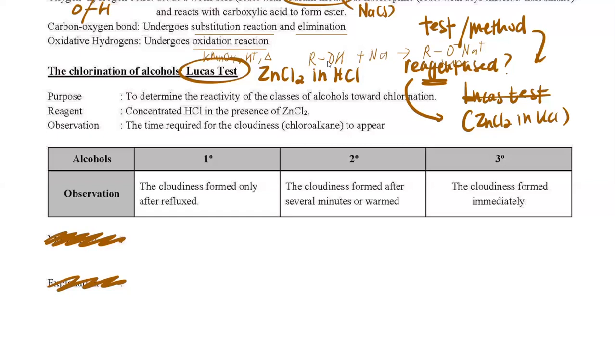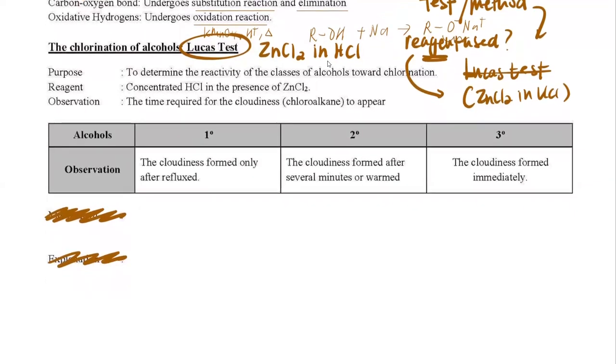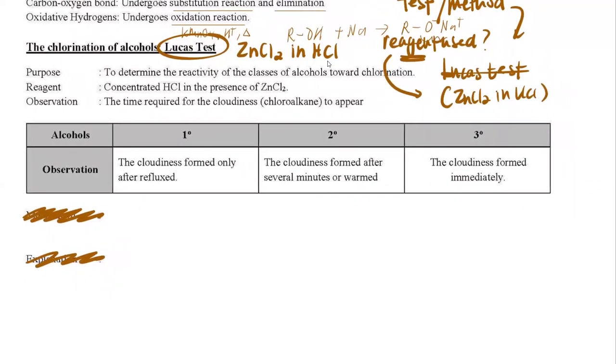Okay, so the reagent is concentrated HCl in the presence of zinc chloride. Okay, actually it should be zinc chloride in HCl. Okay, observations: the time required for the cloudiness of chloroalkane to appear.